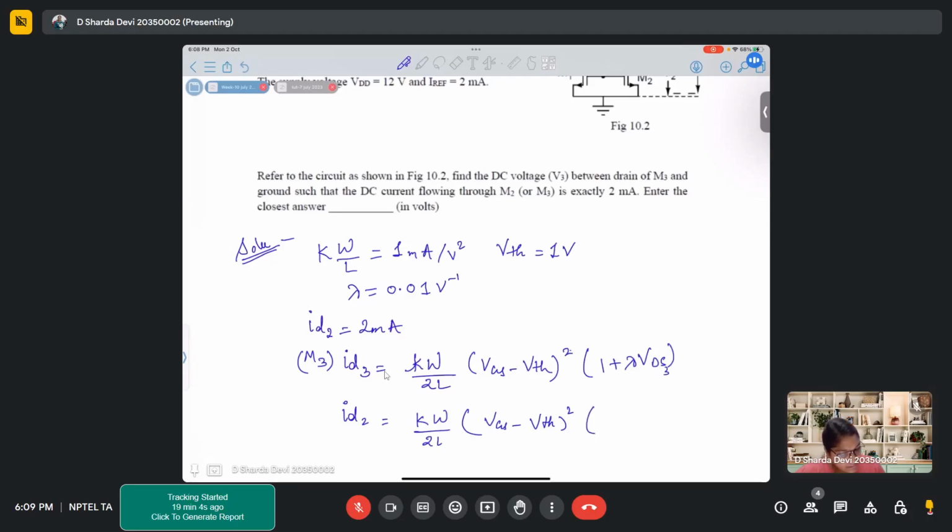So this is (1 plus lambda VDS) for 3 and for 2. Why? Because lambda is not equal to 0, so we have to consider the lambda.